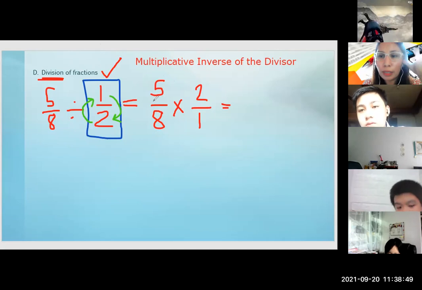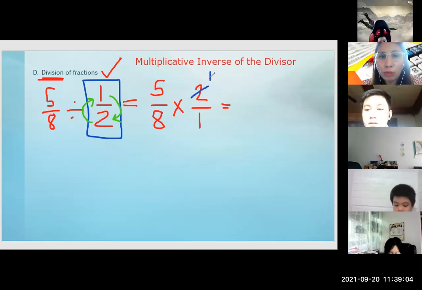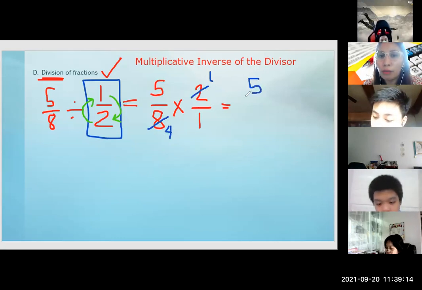Second step, check if there are numbers to be simplified or reduced. On this example, we have 2 and 8, right? 2 can be divided by 2. 8 can also be divided by 2. Multiply, 5 over 4.